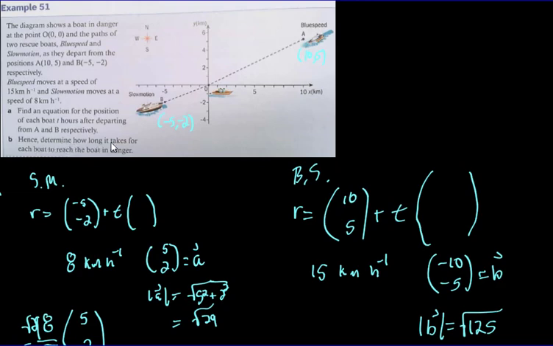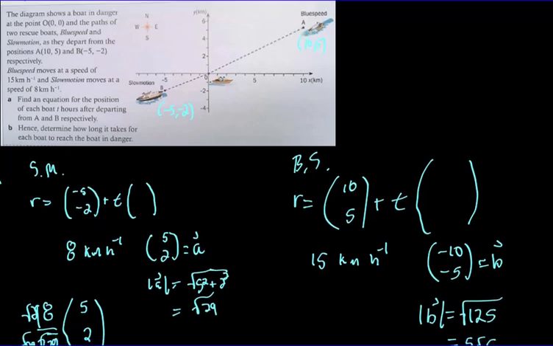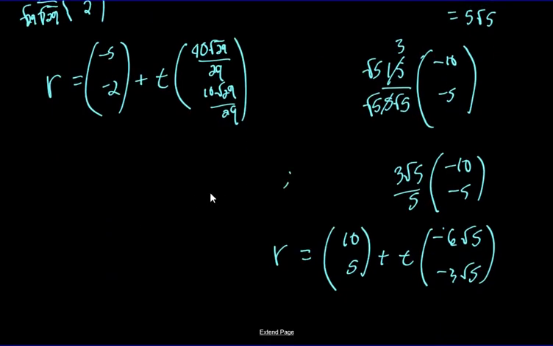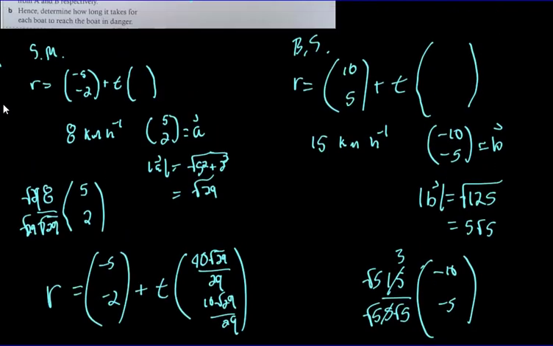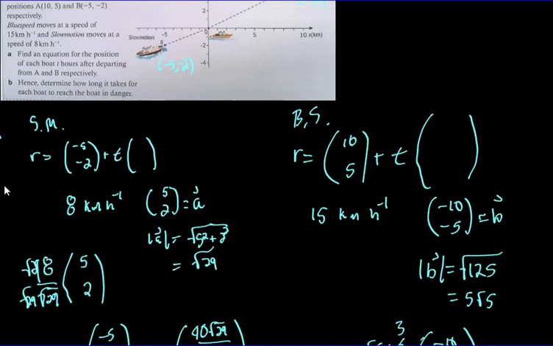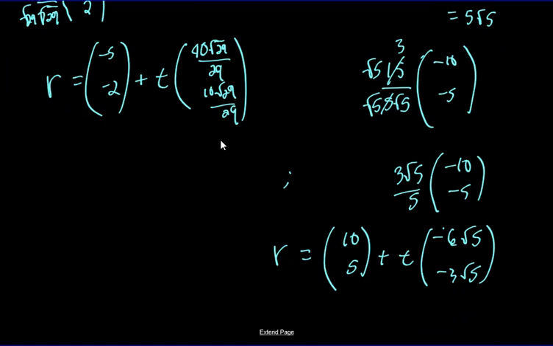And then the next question is: hence determine how long it takes for each boat to reach the boat in danger. Well, since the boat in danger is at the position 0, 0, that's when these will be equal to the vector 0, 0, and the same thing with this one. So I could solve either of these equations.